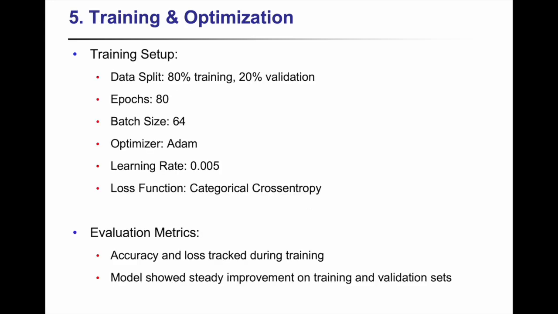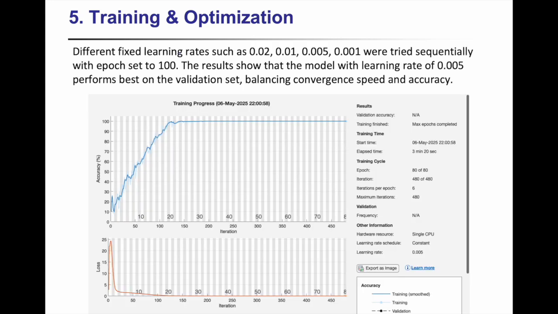The next part, I will introduce my training and optimization. Different fixed learning rates such as 0.02, 0.01, and so on were tried sequentially with epochs set to 100.